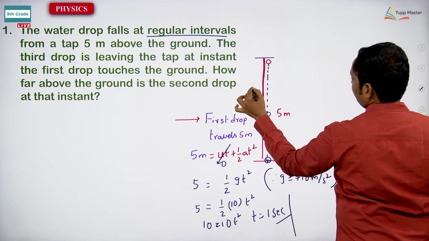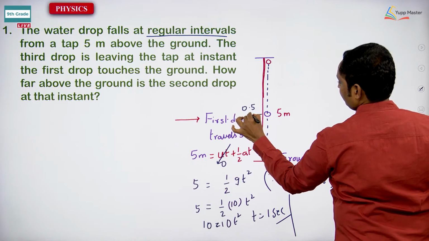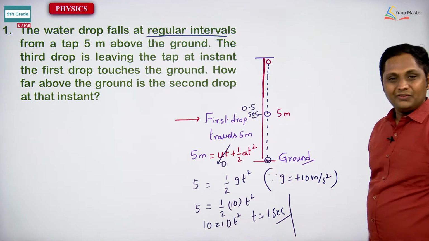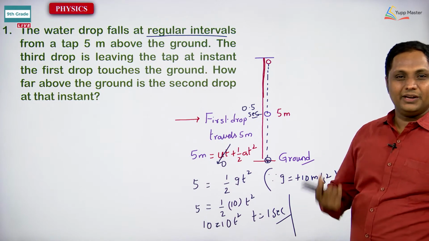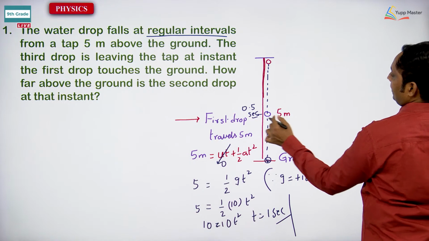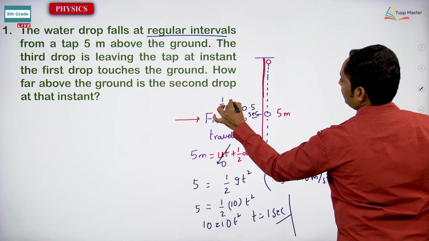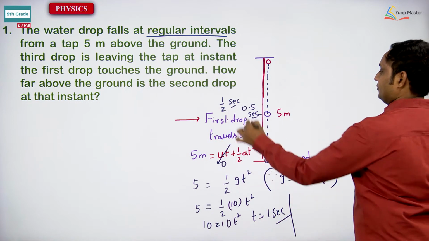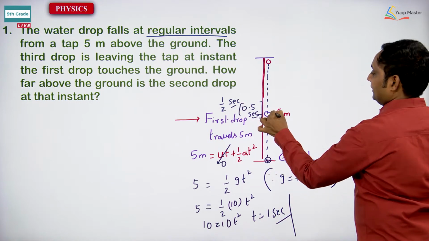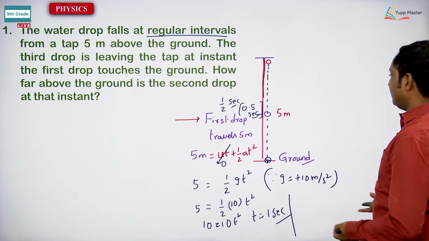Just consider this is 0.5 seconds, so t is equal to 1 by 2 second. Since we are considering a regular interval of time, you can get that easily.